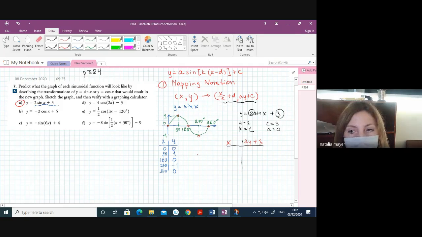We are now going to use these x and y formulas with the values of the parent function in order to get the new points. As we said, x alone without anything means I'm going to write the same values: 0, 90, 180, 270, and 360. Absolutely, yes.